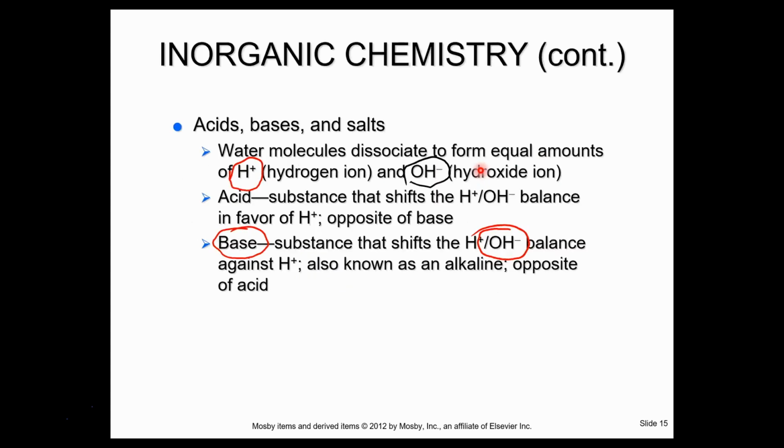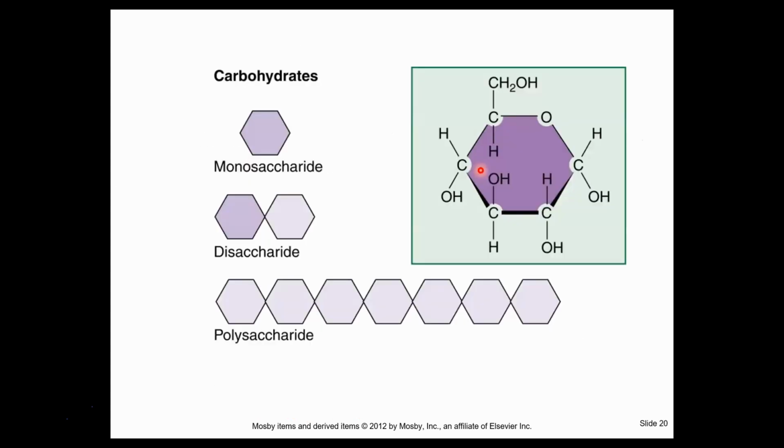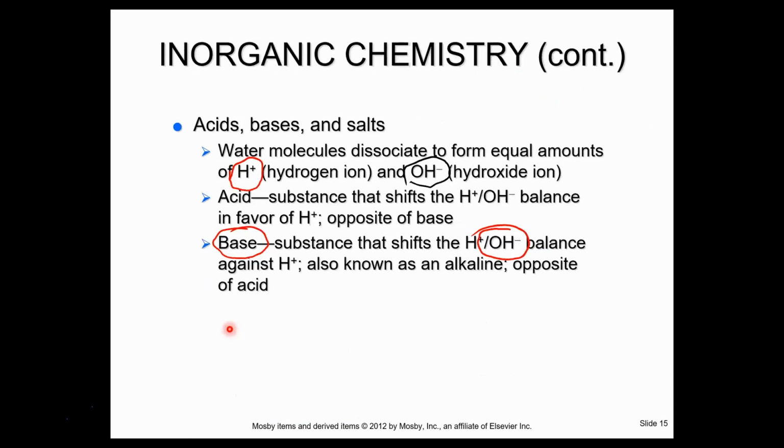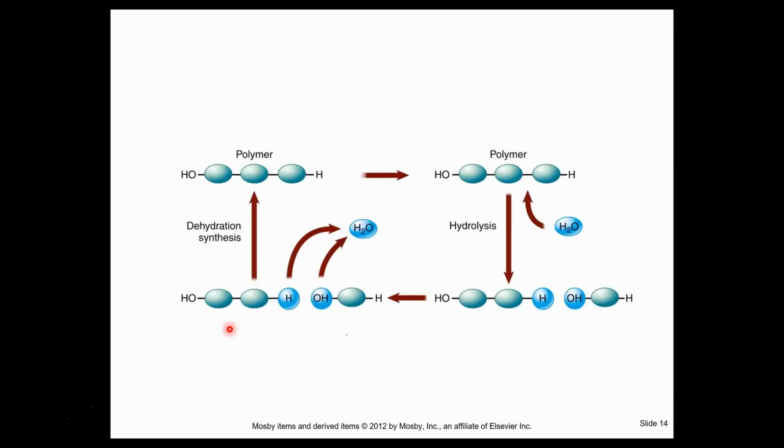It's a polysaccharide. So it has many of these disaccharides together, right? And so to break it down, it has to actually bring a water molecule to dissociate two glucose molecules apart, to take them apart.